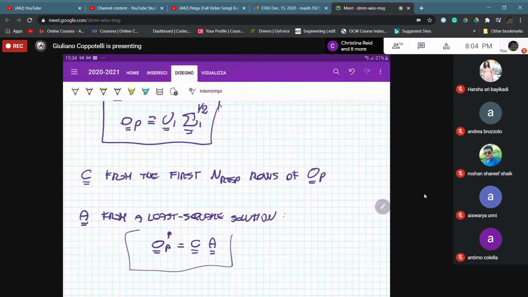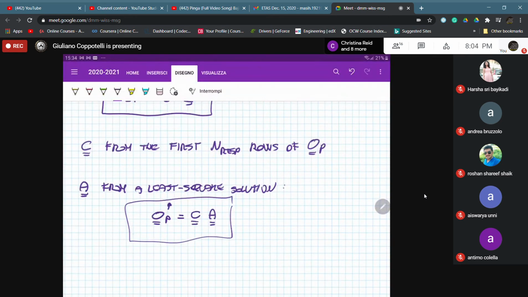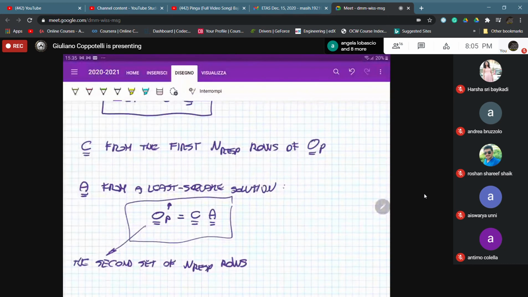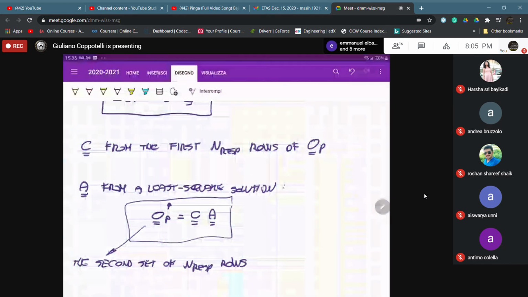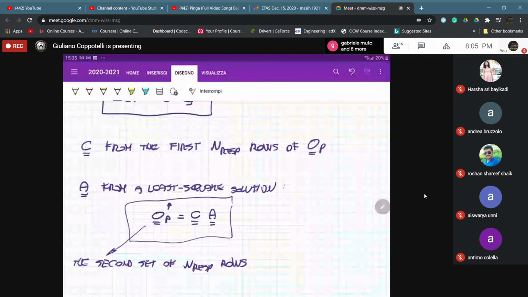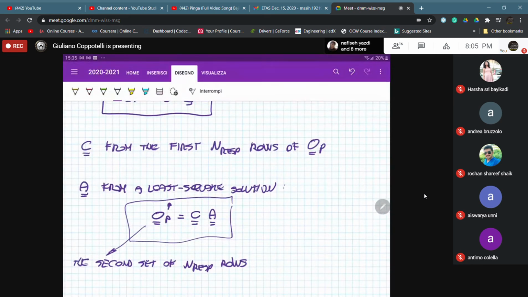And these are the second set of n rows, that is a shift to the north of the observability matrix of order P, okay? And then you are done. You can have these solutions, okay?